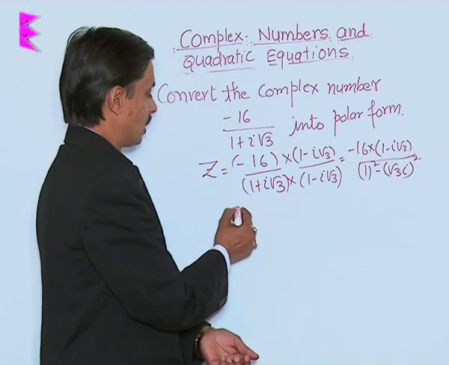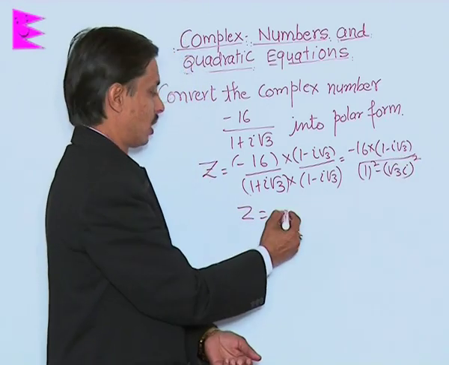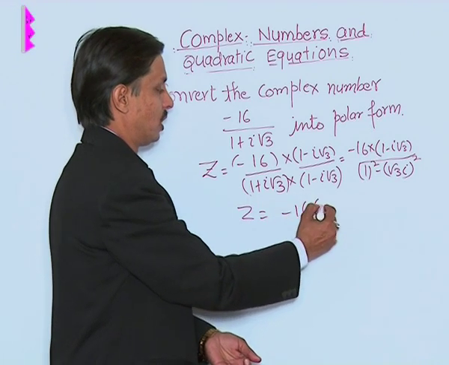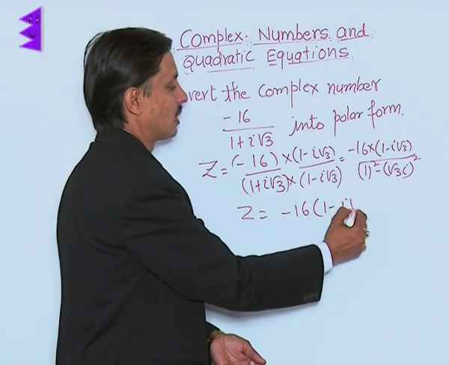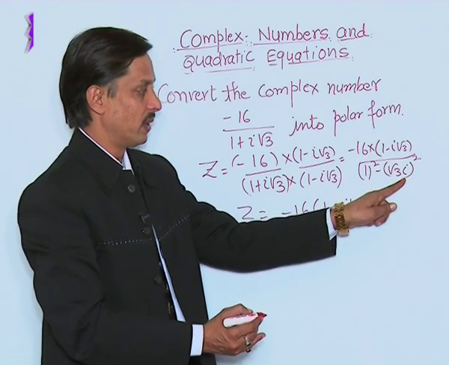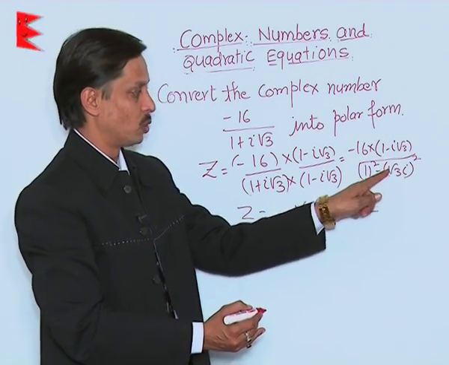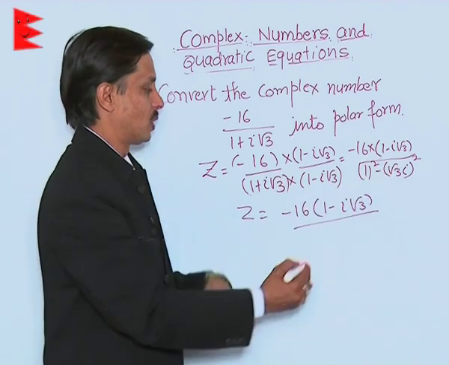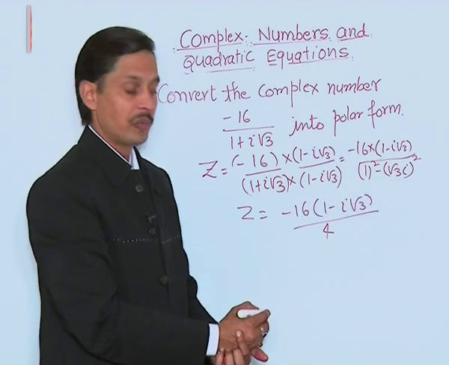So this complex number z is turning into the shape of -16 times (1 minus iota root 3) upon, this is 3 iota square, iota square is -1, so this will become plus 3, and plus 1 becomes 4.